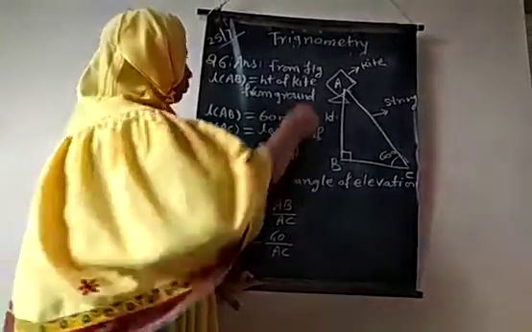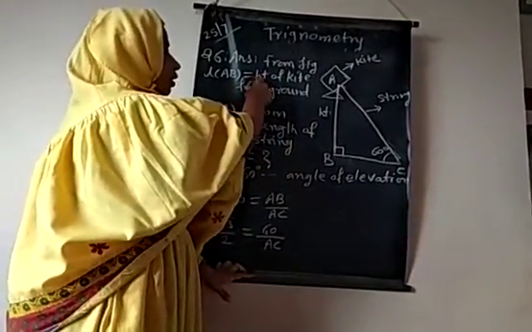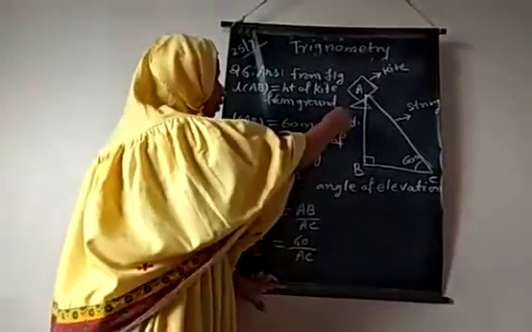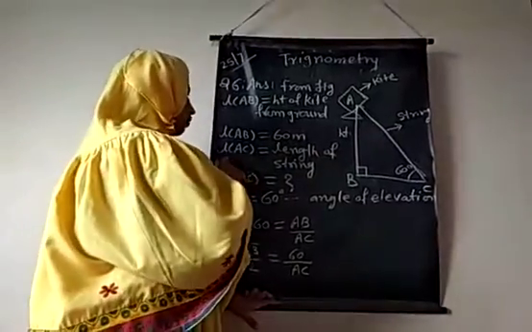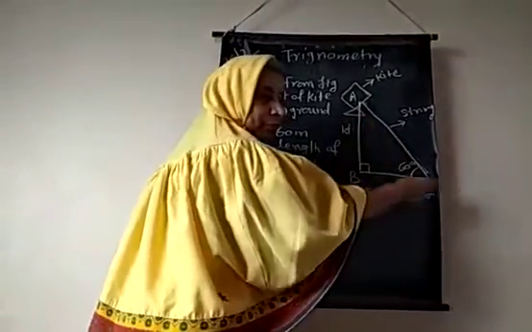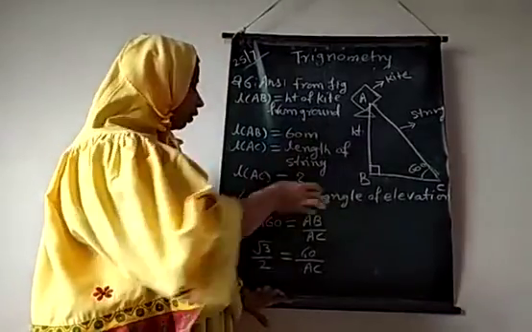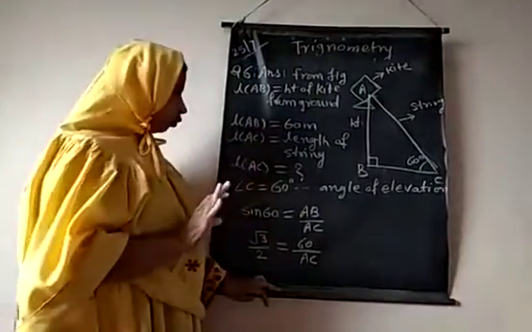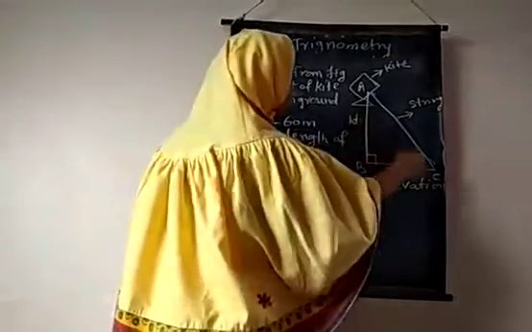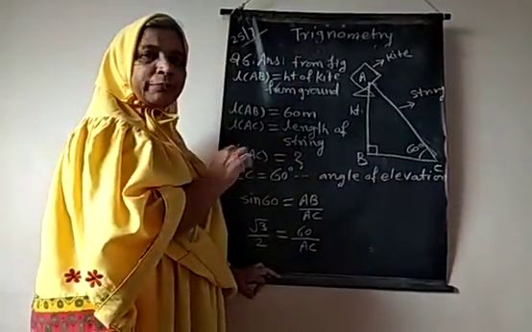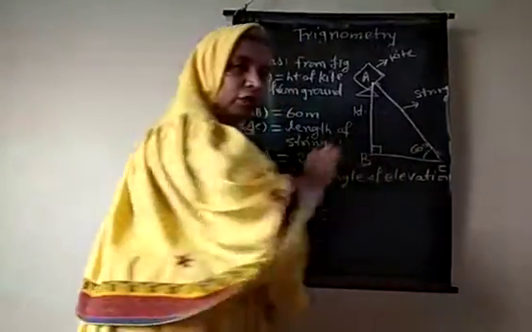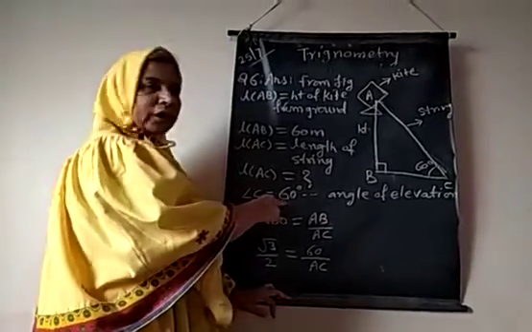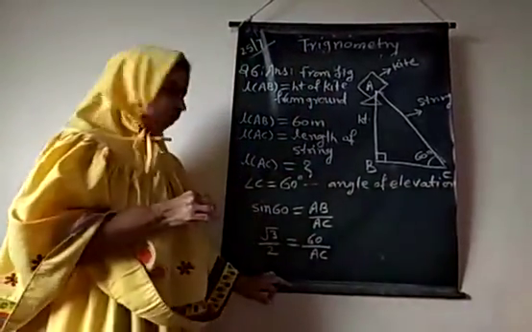From the figure, length AB is the height of the kite from the ground, that is AB is given as 60 meter. AC is the length of the string, which is not given, which we are finding. Length AC is equal to question mark. Due to this string, a 60 degree angle is made with the horizontal, that is the ground level. So angle C is equal to 60 degree, the angle of elevation.